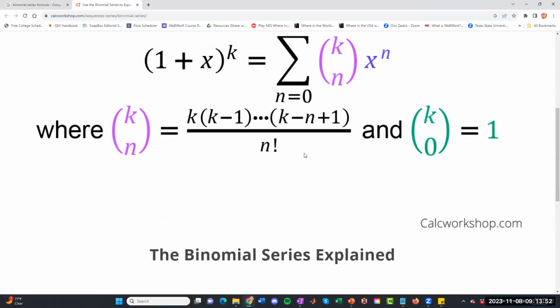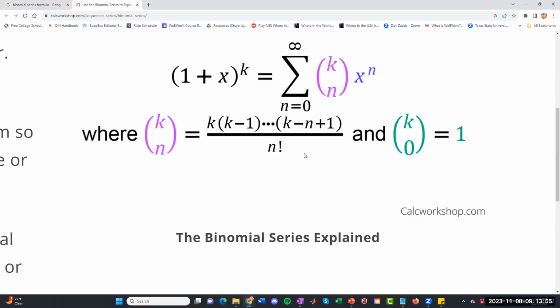So basically, this is kind of what we were building up to. We're taking 1 plus x, raising it to some power k, and building up all these terms starting from whatever the value of k is, and decrementing that down by 1 each time.